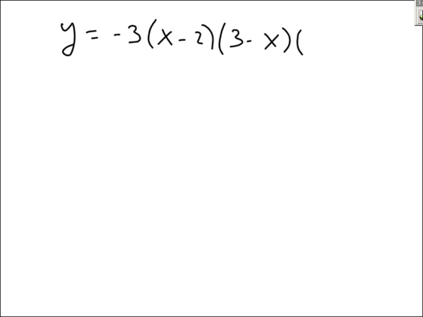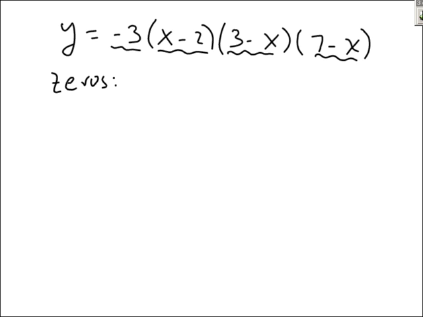Suppose you were asked to graph y is equal to negative 3 times x minus 2 times 3 minus x times 7 minus x. The first thing you should do is find the zeros, if any, for each factor. These are the factors.